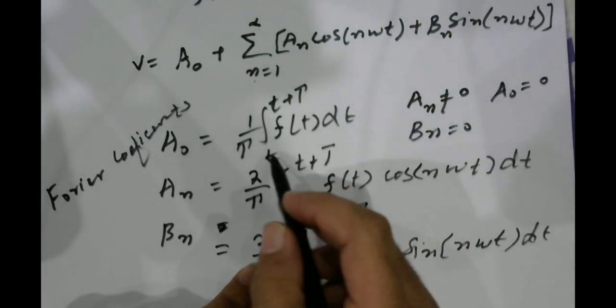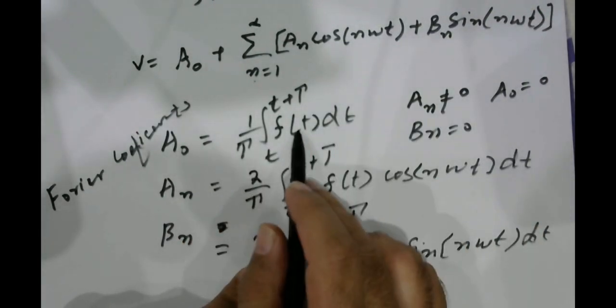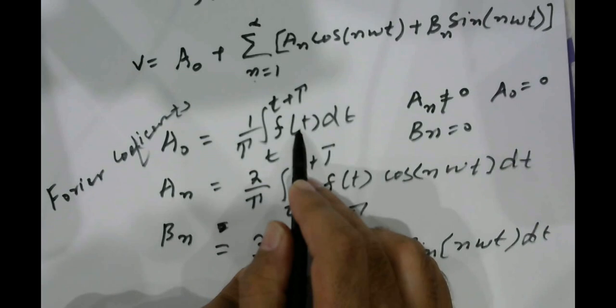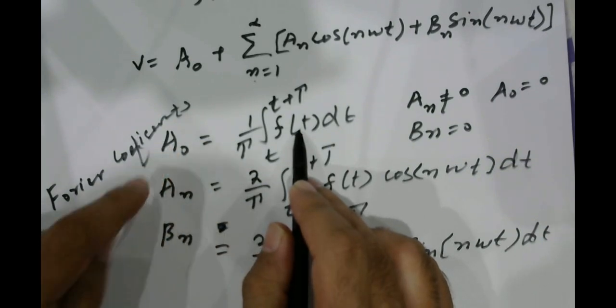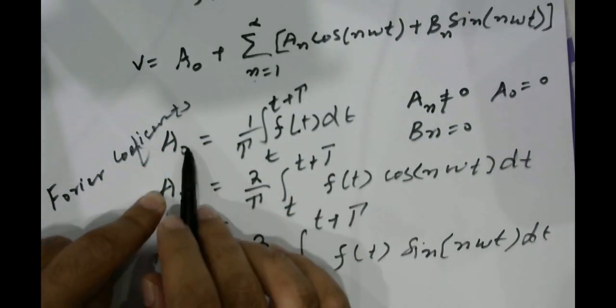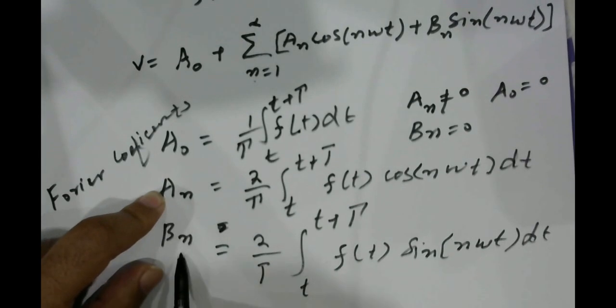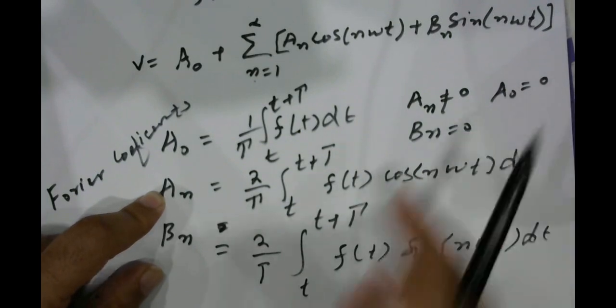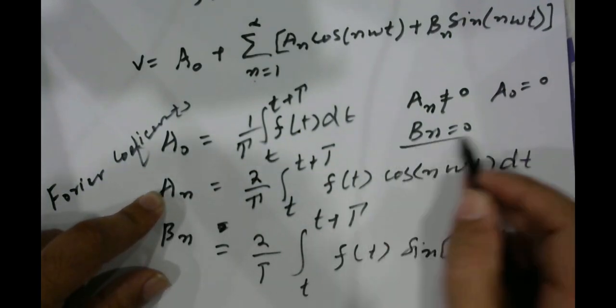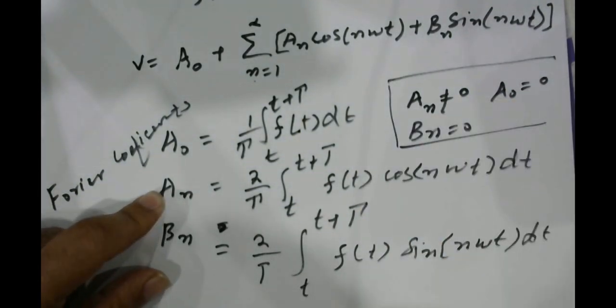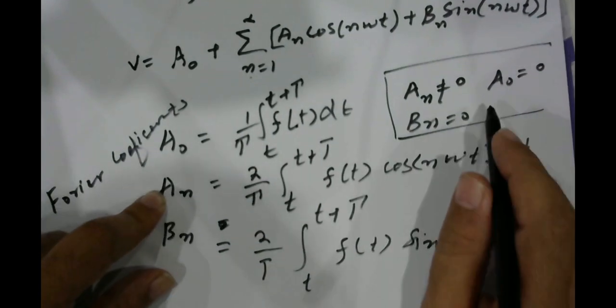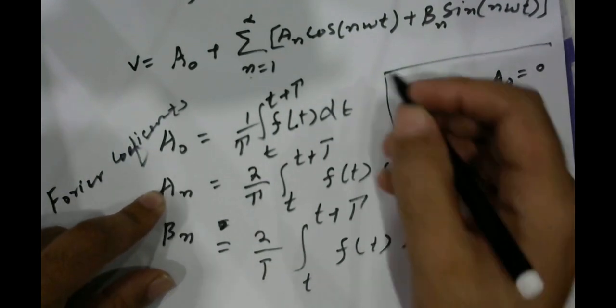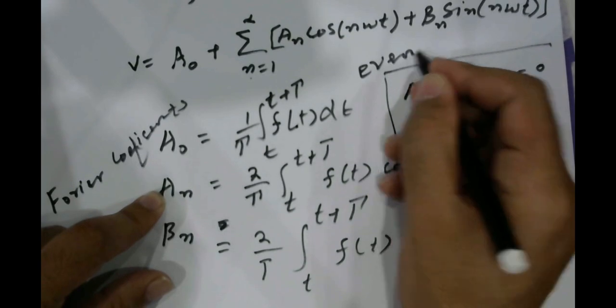So if you know that your function f of t is an even function, then you don't need to find out this a naught and this b n, because that will be automatically equal to 0. We will see that in example, okay. But here you need to remember these things, okay. This is for even function, okay.